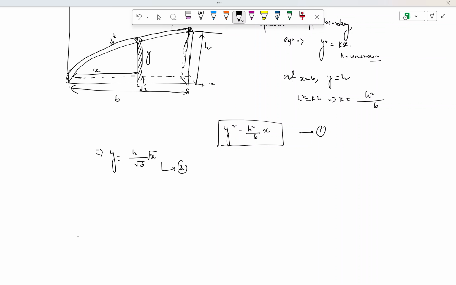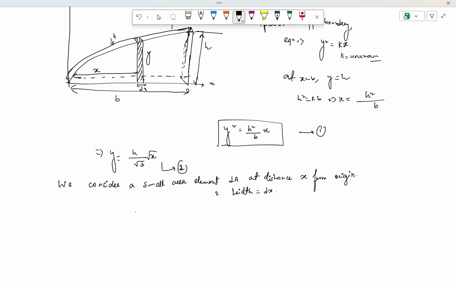So we take an element at distance x from the origin and with width equal to dx.